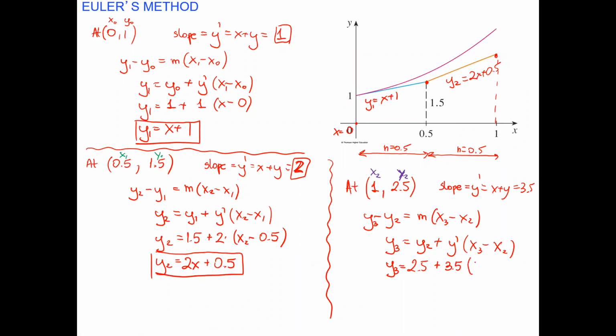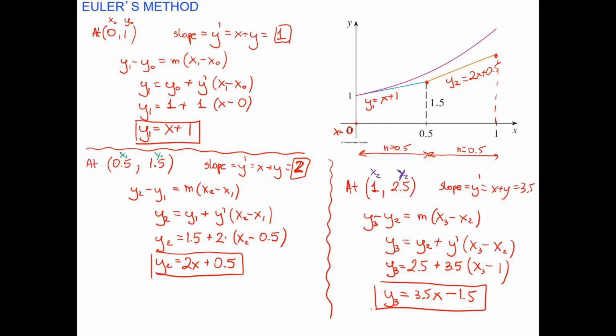So 3.5, and then x, which of course is the next one, minus 1. Which means my third tangent line will be 3.5x minus 3.5 plus 2.5, which is negative 1.5.